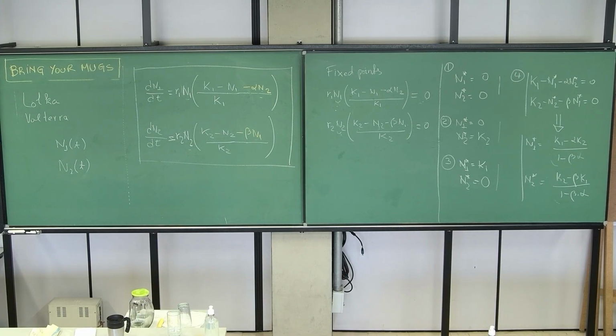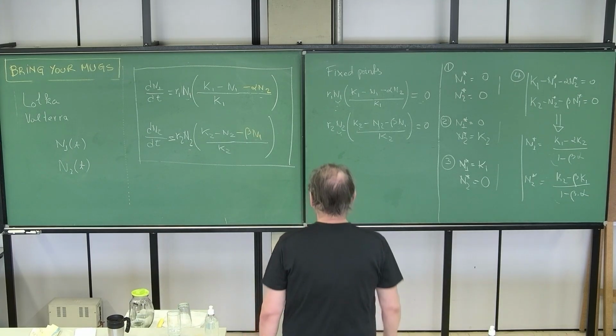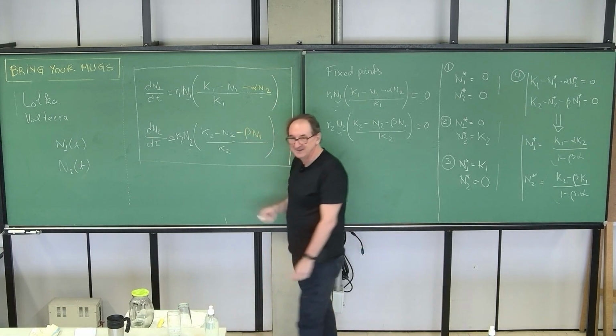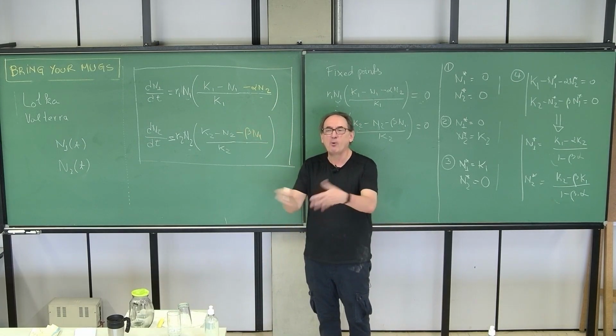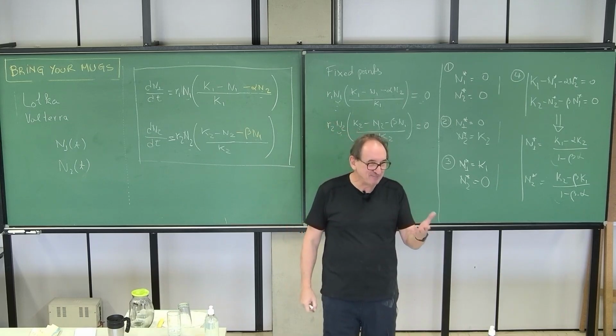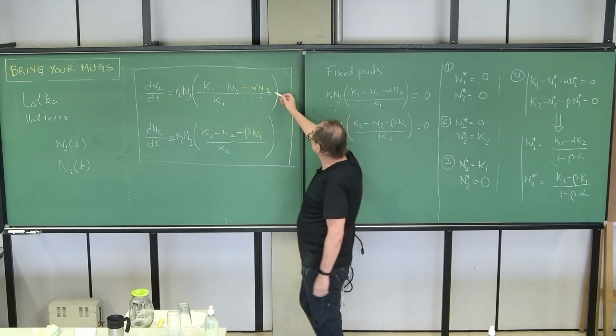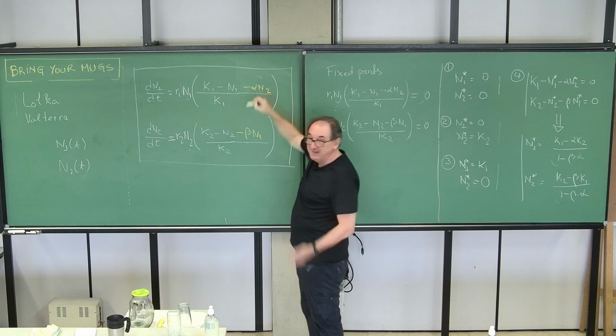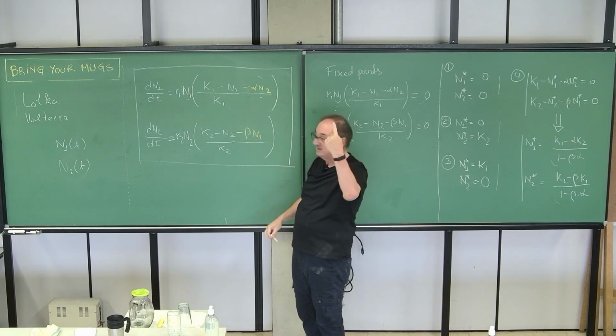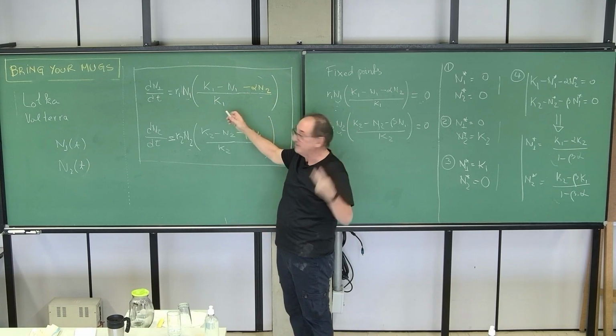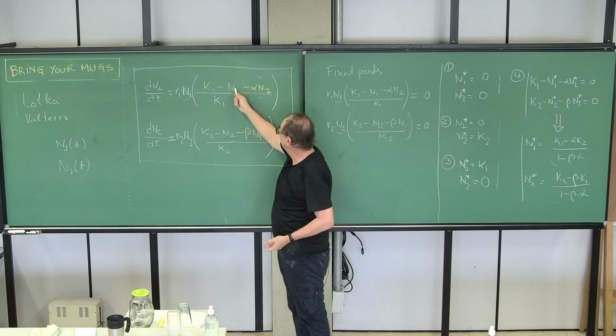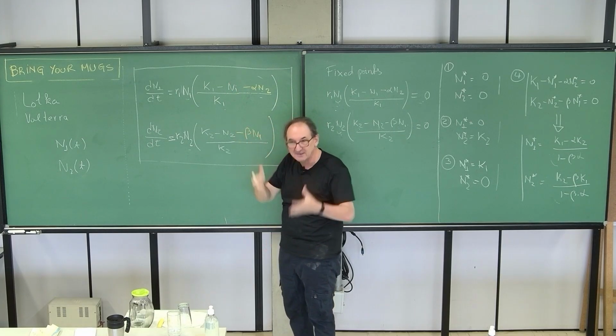Okay. So, first, suppose alpha and beta are very small, 0.001. Very small means that the effect of one individual of N2 is tiny compared to the effect of one individual of N1, because this term here, N1 over K1, is the intraspecific competition.